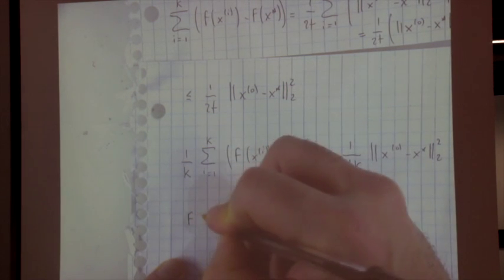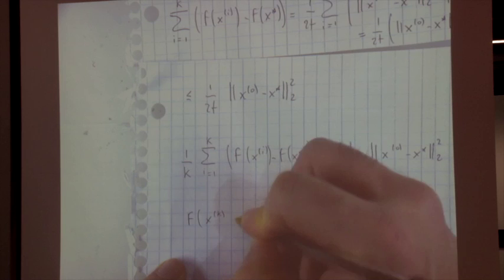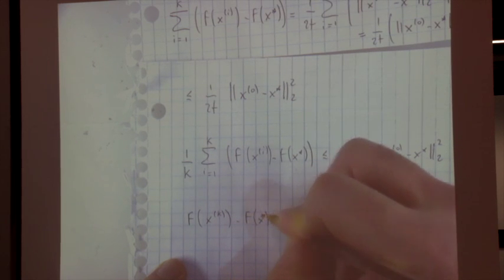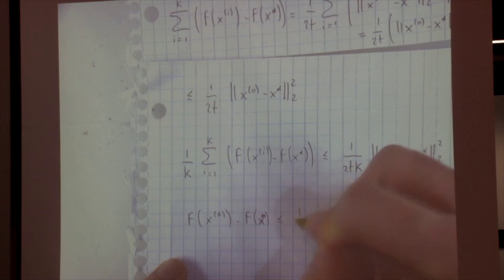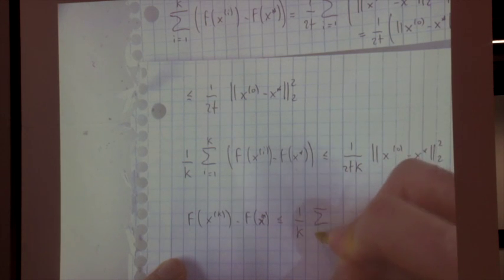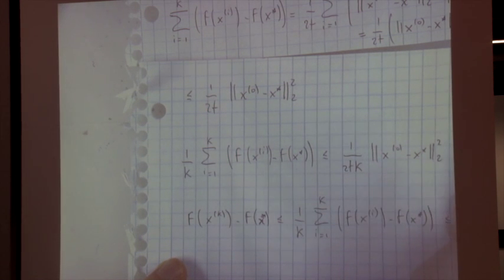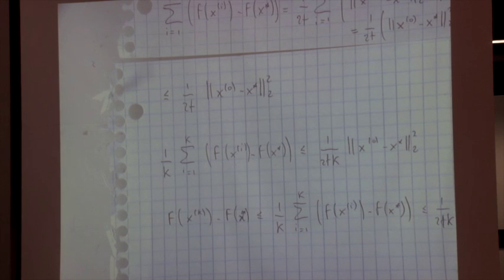So the minimum of that has to be less than or equal to the average, which is less than or equal to 1 over 2tk times the square norm of x naught minus x star. And here we go. So now we have the result.